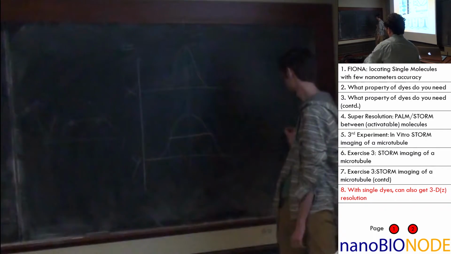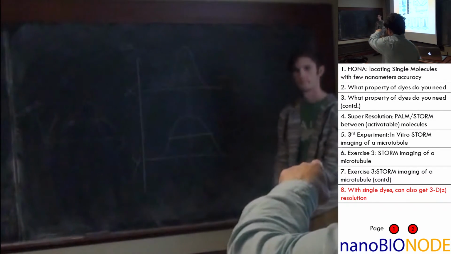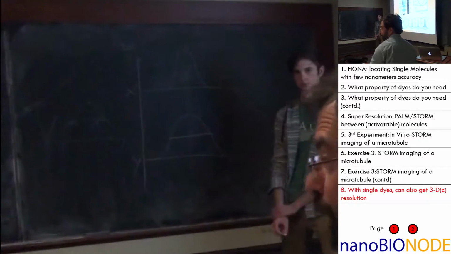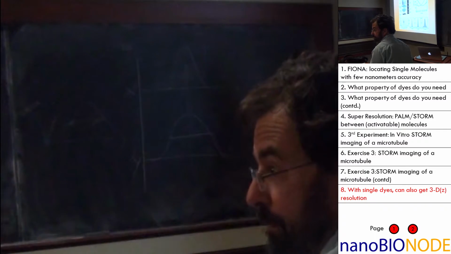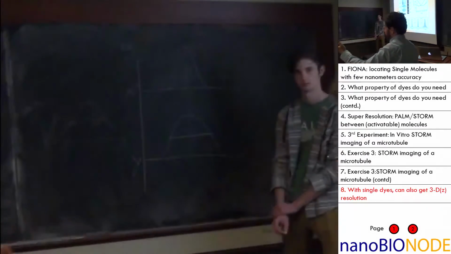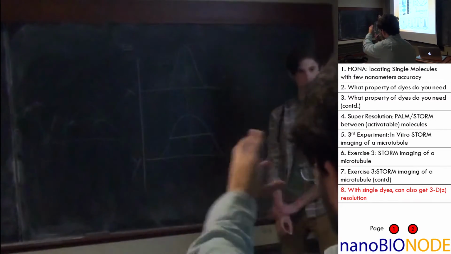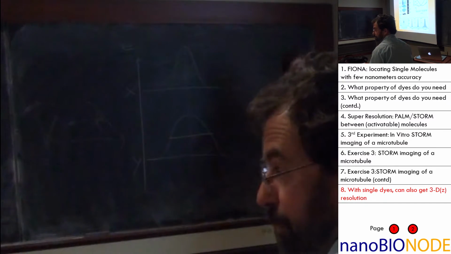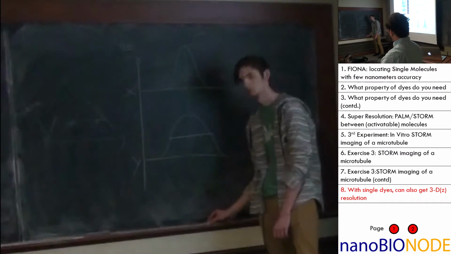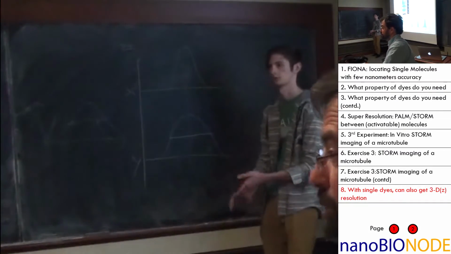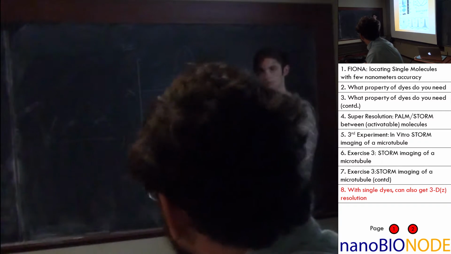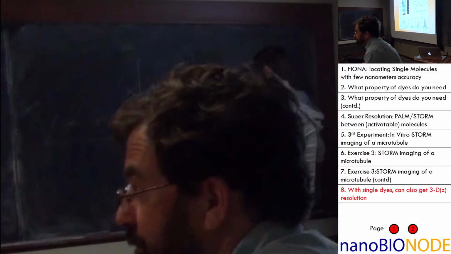So the uncertainty in your x direction is always this width divided by the square root of n. So it's unchanged. It's 250 nanometers divided by the square root of the total number of photons. Okay? Now, what about the y direction? What's the uncertainty in the y direction?